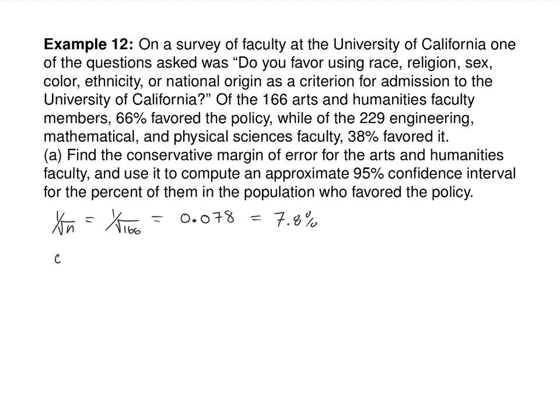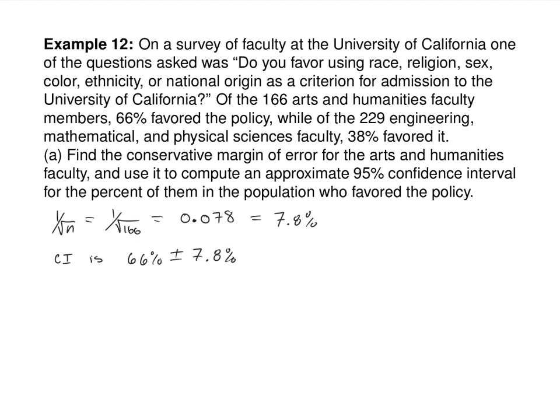And your confidence interval, which I'm going to call your CI, is found by taking the proportion of those faculty members who favored the policy, which was 66, plus or minus 7.8%. And usually you give the lowest number first.